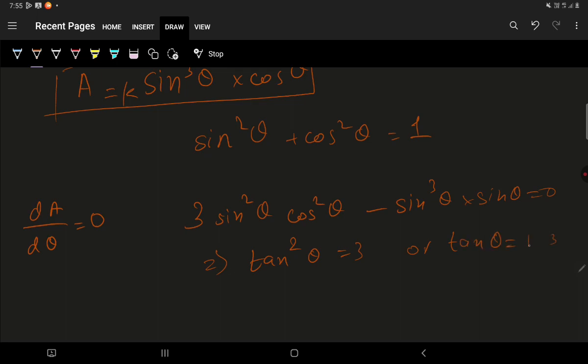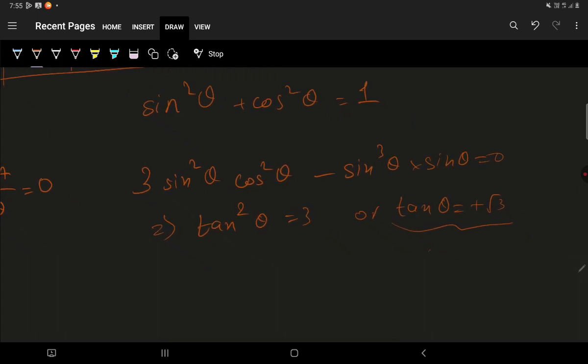We'll take the plus sign because we are dealing with positive angle theta only. So you get a surprising result that the angle at which we should project, that is theta, is equal to 60 degrees. Well, it is one of the standard trigonometric angles we generally study while we memorize the chart of trigonometry values, right? So something interesting we got.